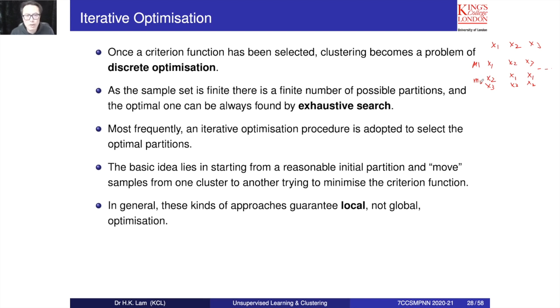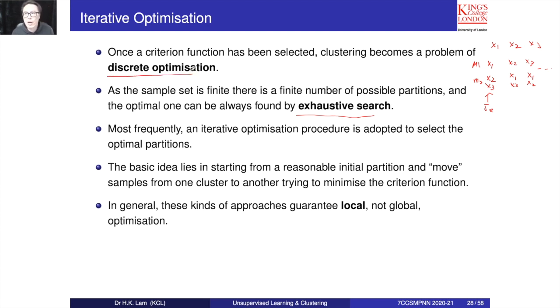So if we are able to list all these combinations and then find out the cost for each one of them, we know which one is the best assignment of the clusters. So that's why we can use the exhaustive search right here to exhaust all the combinations in order to do the assignment. And that is the reason why we call this discrete optimization.